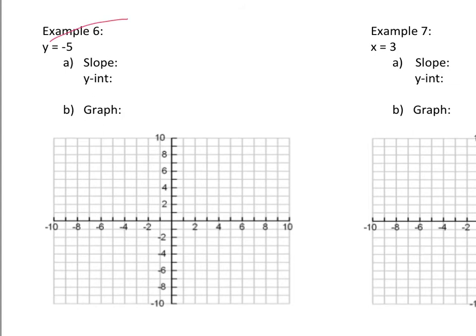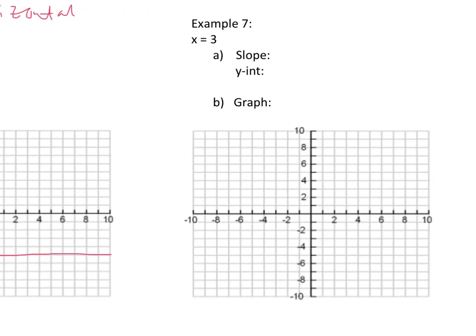So since it only intersects the y-axis, it must be horizontal. If it's horizontal, the slope is 0, and the y-intercept will be -5. So let's try that. We find the y-axis, we find -5, and it is horizontal.